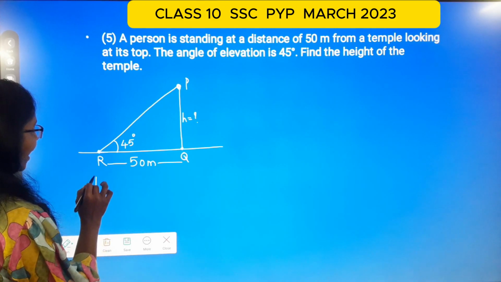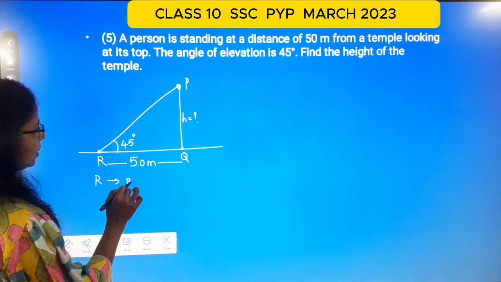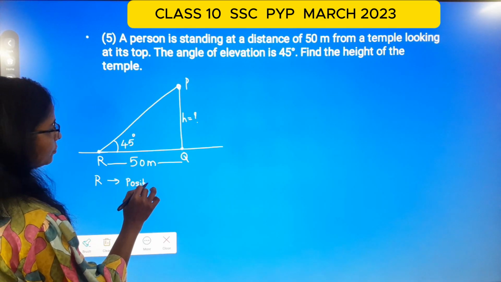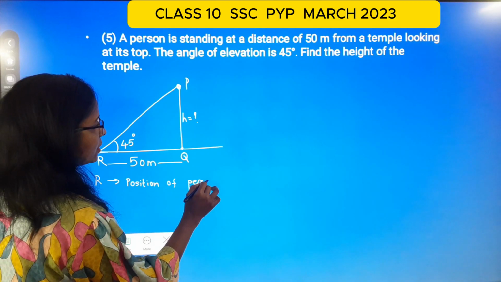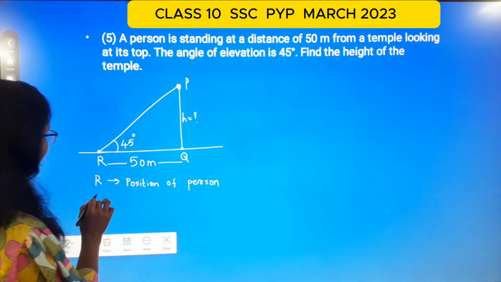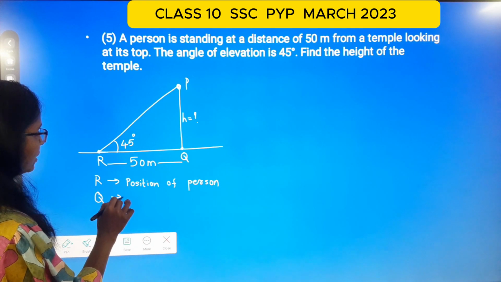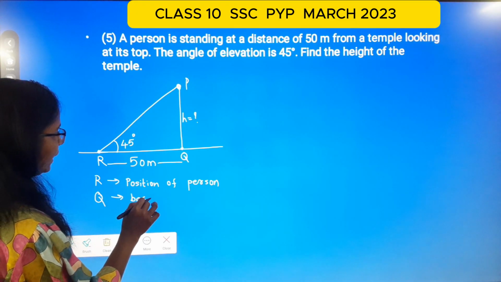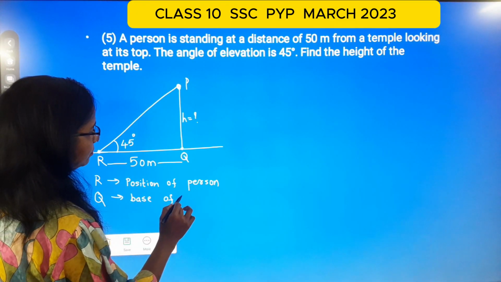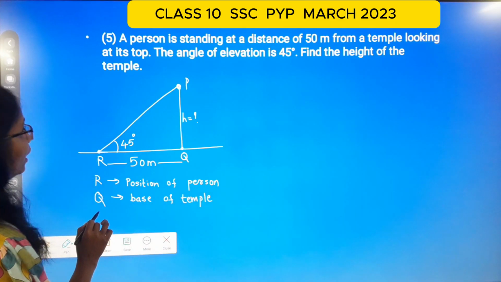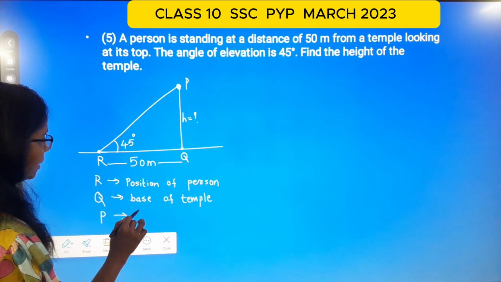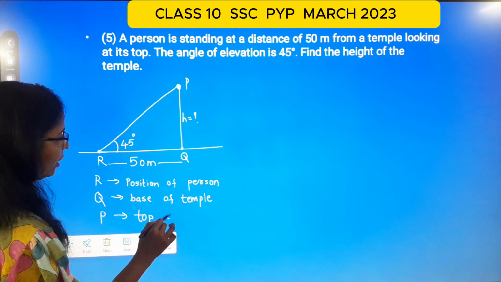So first write down what are the distances. Suppose R is the position of person. Then here Q is the base of temple. Then P is the top of the temple.